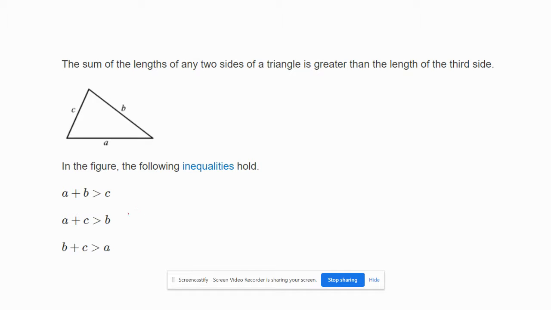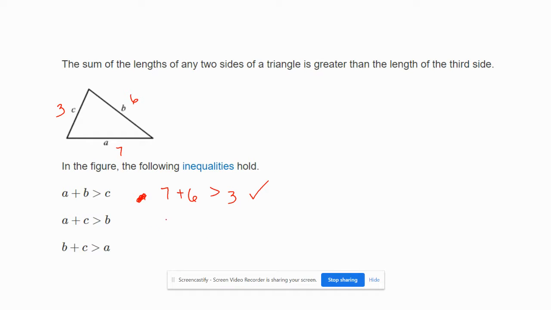For example, let's say A is 7, C is 3, and B is 6. So let's check this inequality. A plus B has to be greater than C. So A and B is 7 plus 6, and that's greater than 3, obviously, yes.